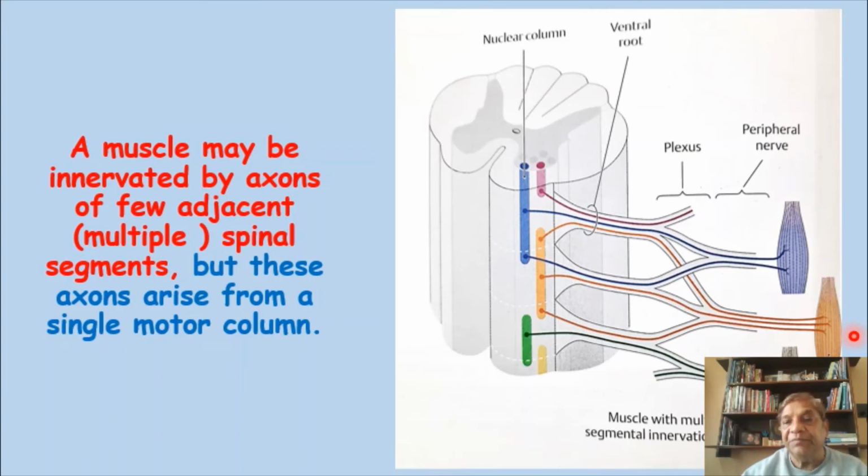This diagram also explains that a particular muscle which has a particular function may be supplied by axons coming from neurons located in the adjacent spinal segment, which has the same function. So it is the reorganization of the nerve fibers to supply a muscle which has the same function.